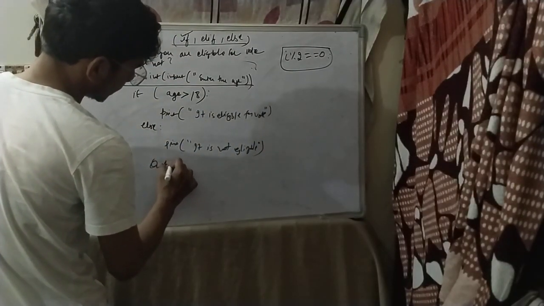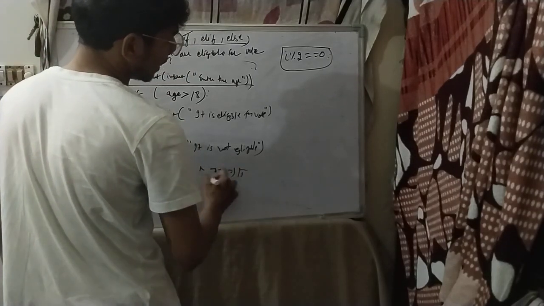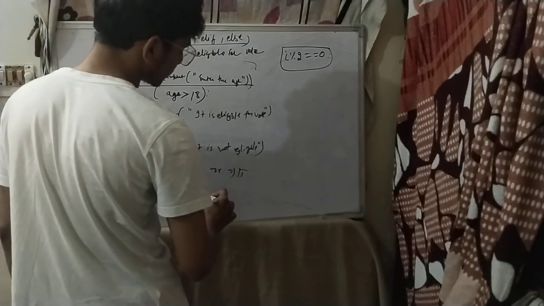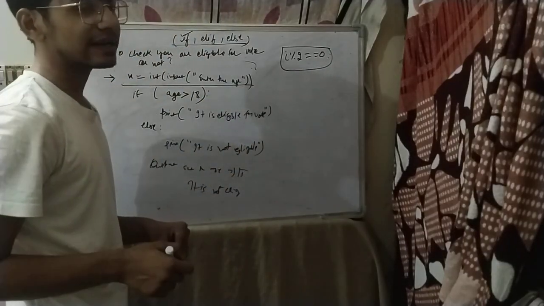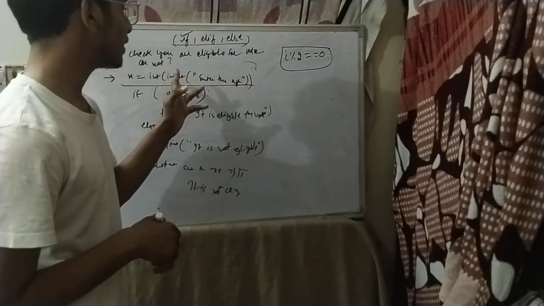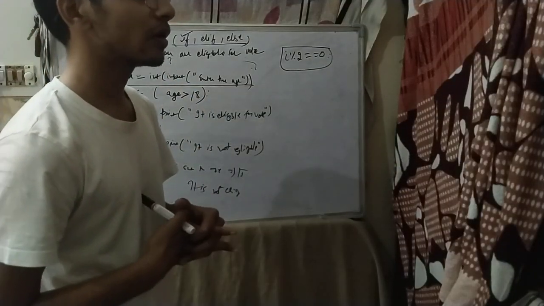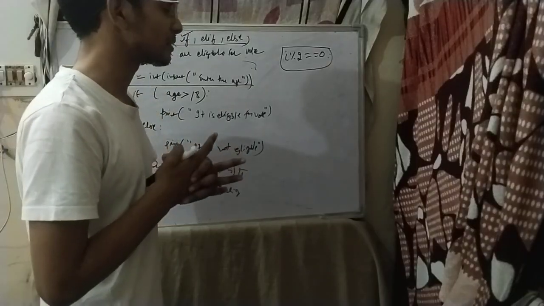Output will show enter the age, 15, it is not eligible. Or you can directly assign, because right now you are taking input from the user, or you can directly assign, it is very easy, which we discussed earlier.